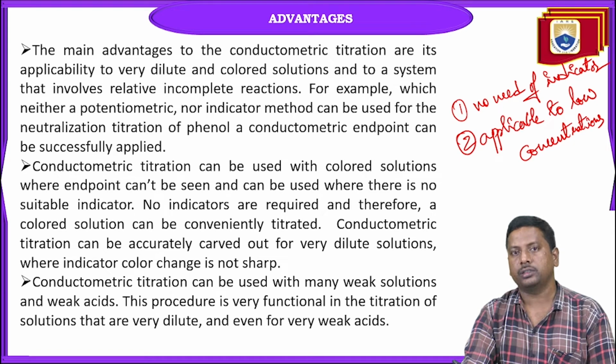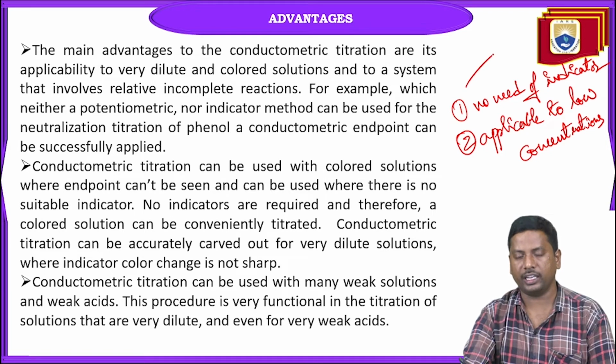So these are the two main advantages of conductometry when compared to classical methods of analysis. The first is no need of an indicator, even in colorless or colored solutions, and the second is that it is applicable to very low concentrations.